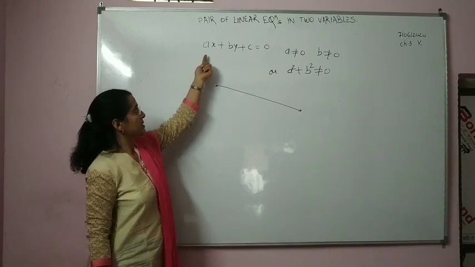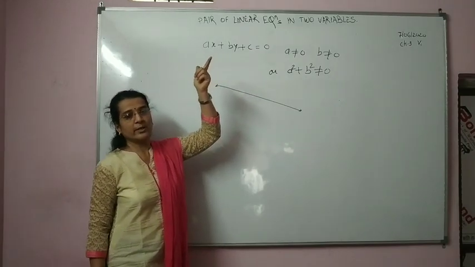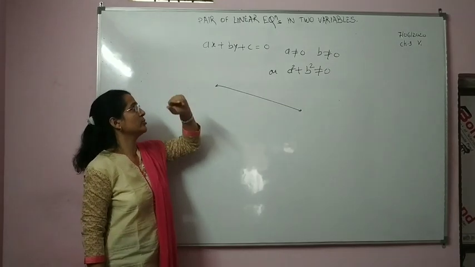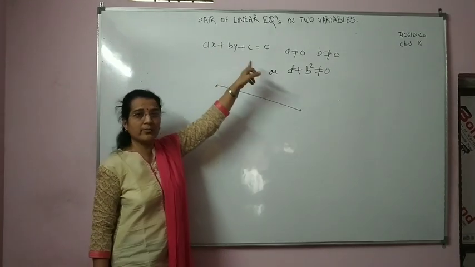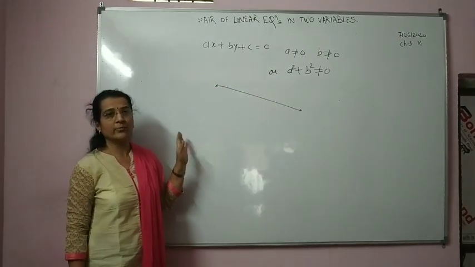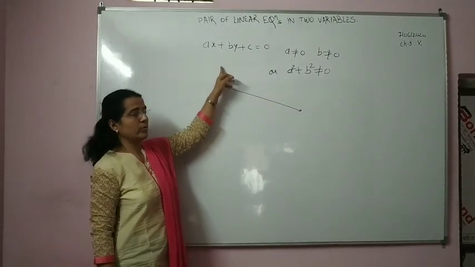As it is a linear equation in two variables, it will have infinitely many solutions. For each value of x, you will get a value of y.